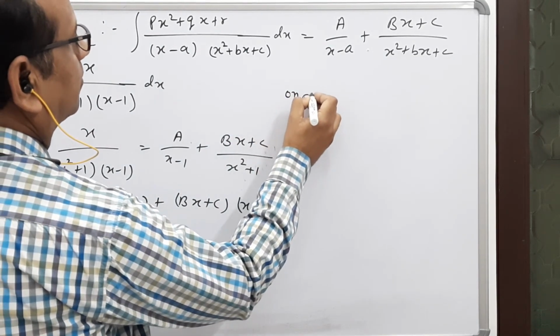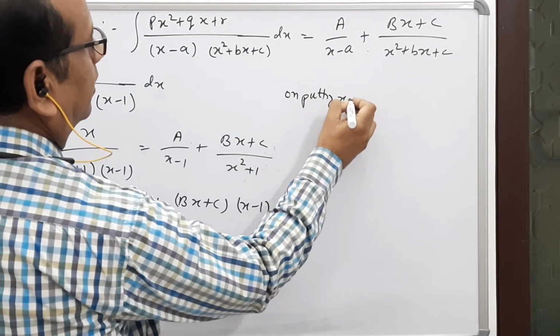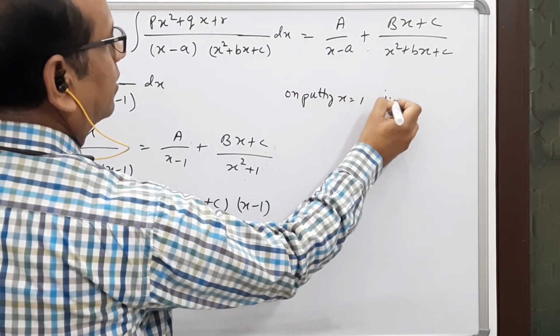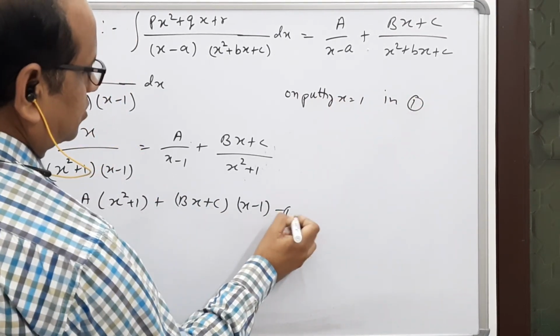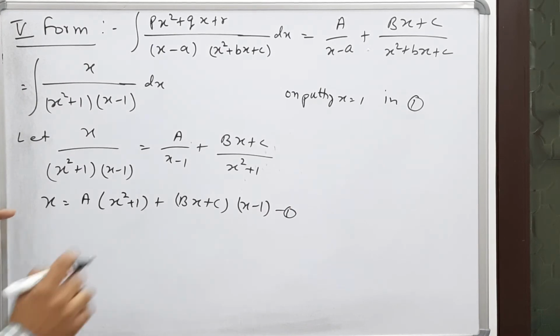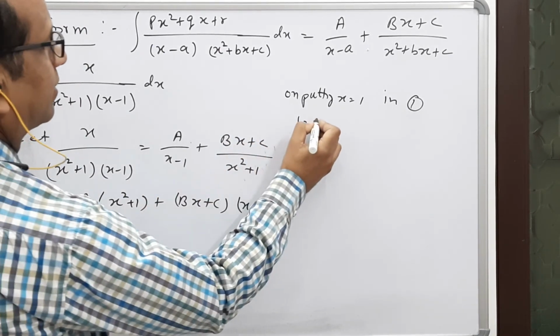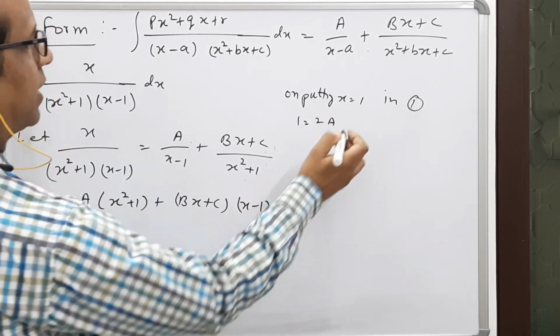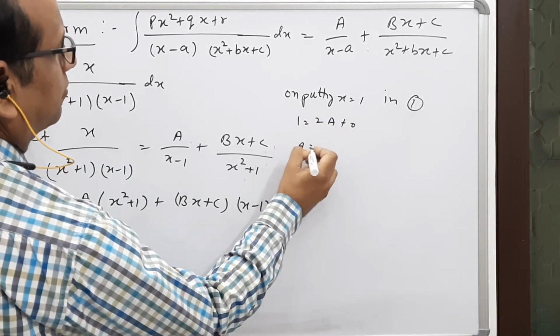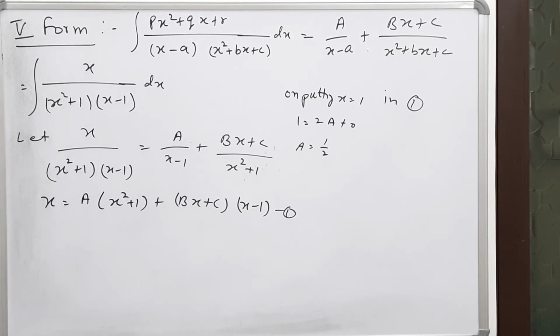On putting x = 1, the left side is 1, this part is 2A, and this part will be 0. So the value of A is 1/2. In this way we have got the value of A.